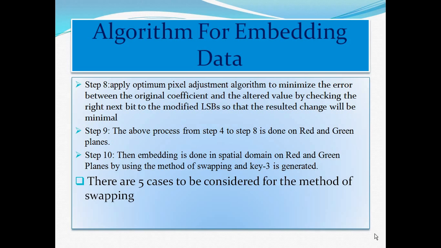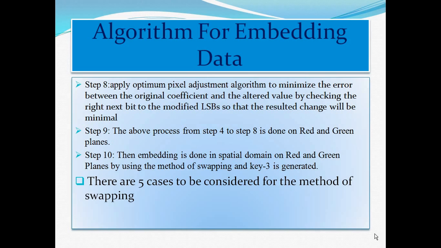Then the embedding is done in the spatial domain on the red and green planes by using the method of swapping, and key 3 is generated. Till now we have been working on key 1 and key 2. Key 1 being the embedding capacity L, key 2 being the IWT obtained after process 2, which is used to embed in the three high energy bands, namely the LH, HL, and HH planes.